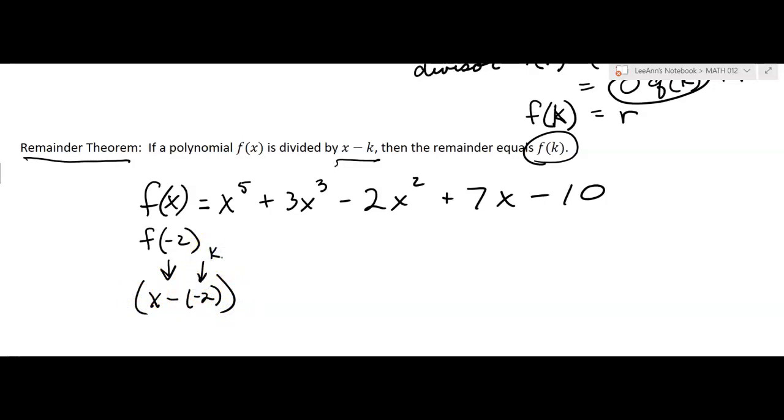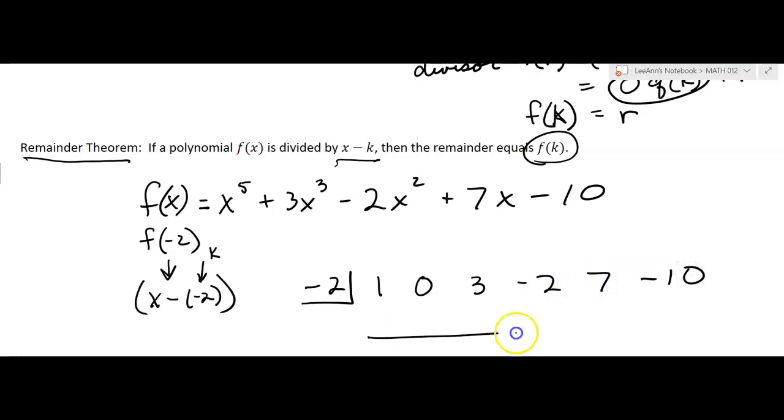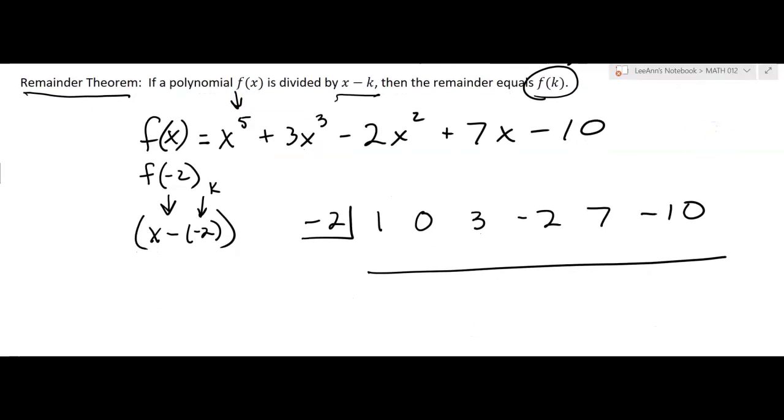And then you can just use synthetic division. -2, how many times does that go into 1, 0, 3, -2, 7, -10. I'd have to have 6 numbers because my degree is 5. I just made this polynomial up, so I don't know if it's any good. But I would divide synthetically. I wouldn't do the long division, okay? And that's the idea here, that we can evaluate this polynomial pretty quickly with synthetic division.